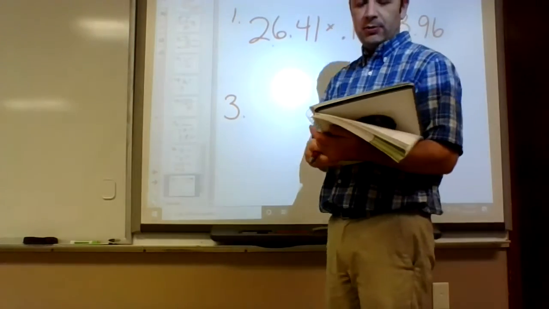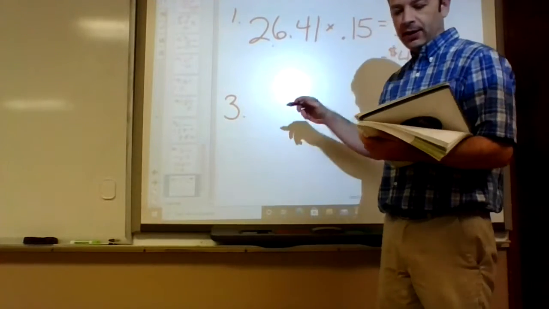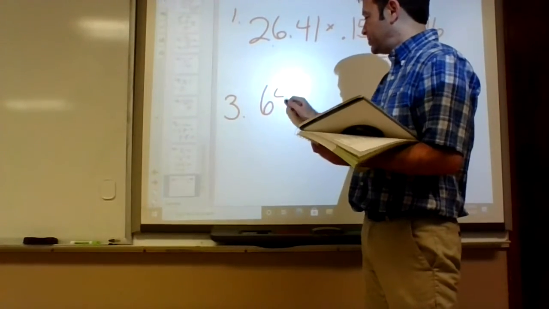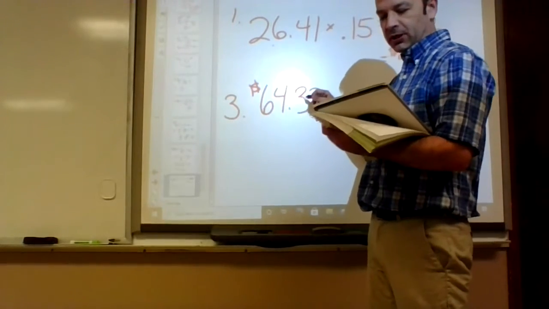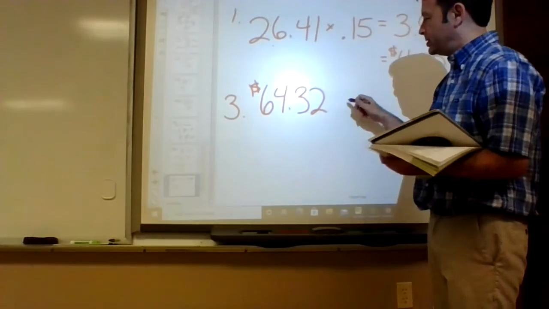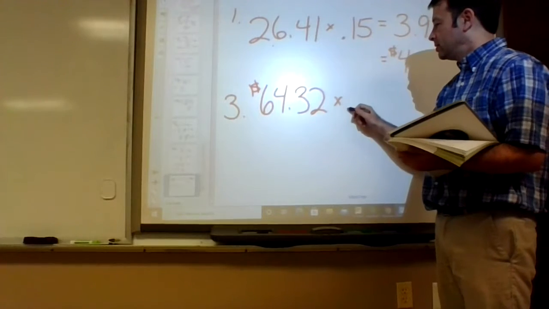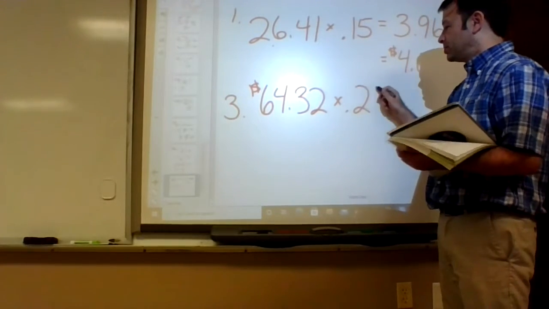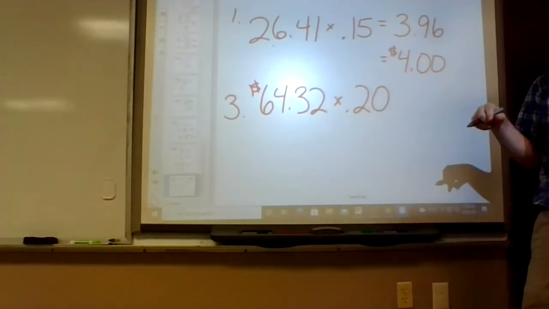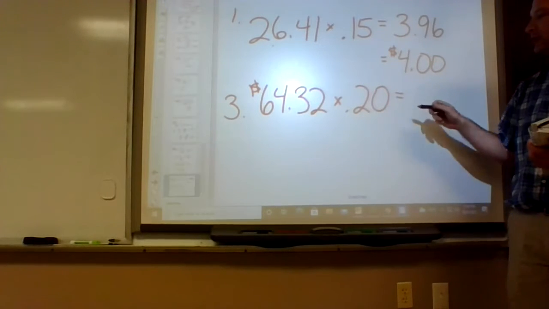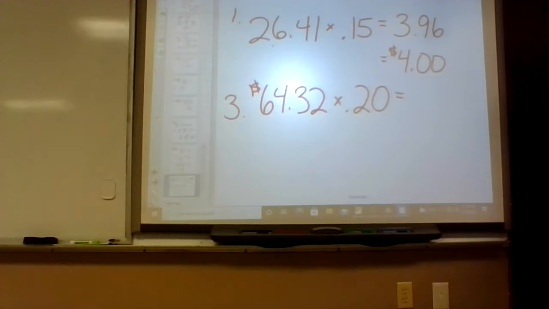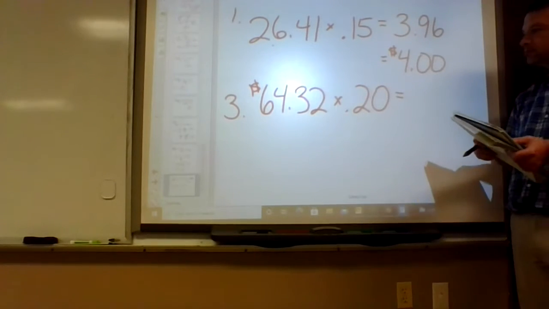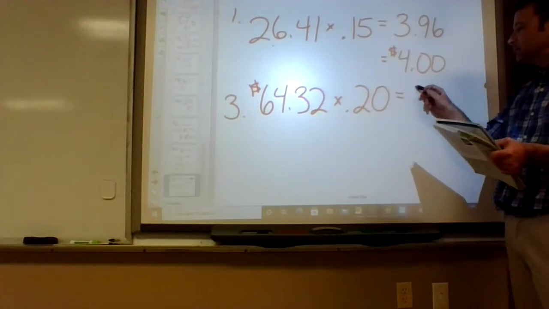Number 3, rounding up to the next dollar. It's a $64.32 bill, and we're supposed to tip 20%. So what do I need to do to that? Times 0.2. You could say 0.20 or just 0.2. Move the decimal twice. Somebody tell me what you get on that. 12.86.